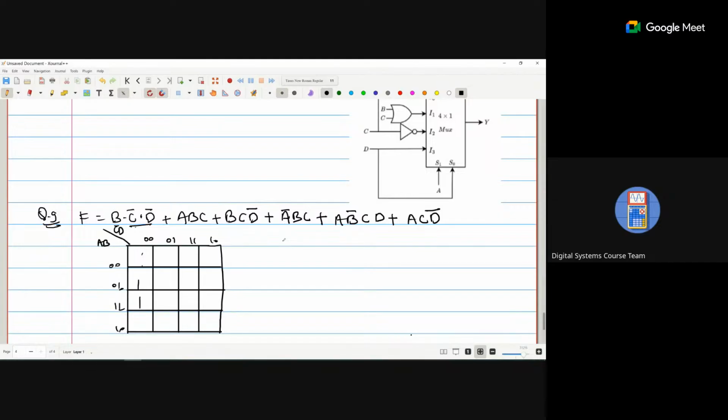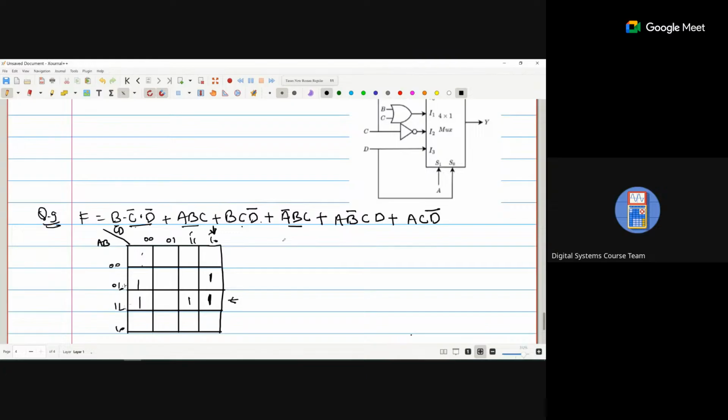In this way I can write A B. A B, that means this particular row. Now in this A B, C is also 1. So C is 1 in these two positions. Okay. C D bar. So C D bar is this column. Here B is 1. So B is 1 in these two rows. This column and these two rows is this one and this one.